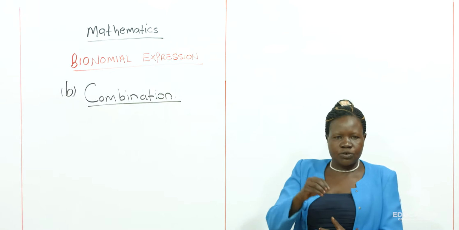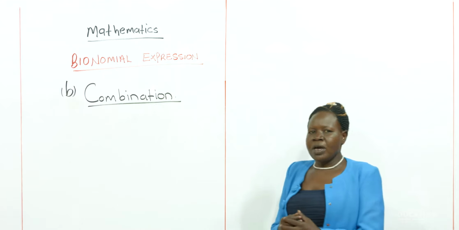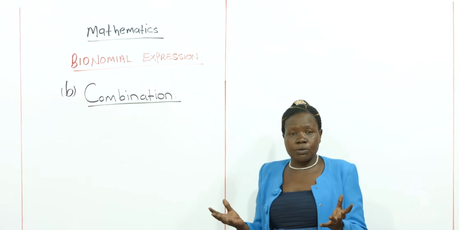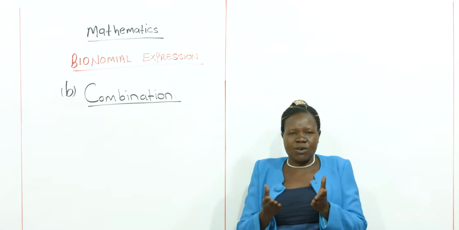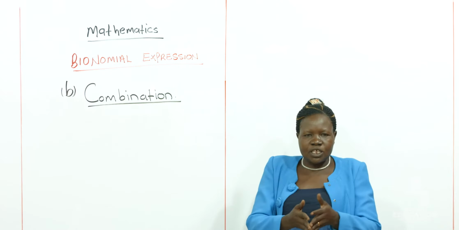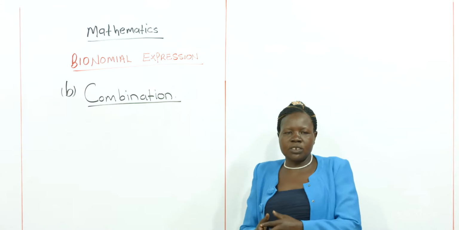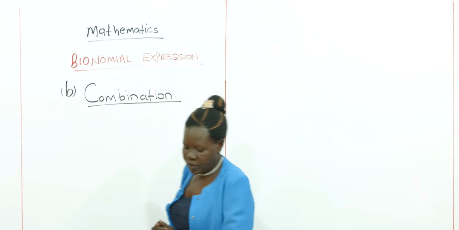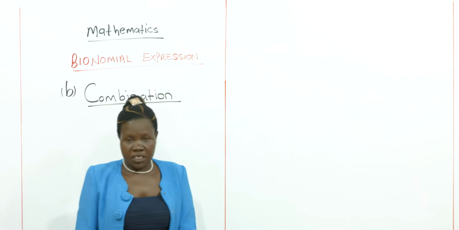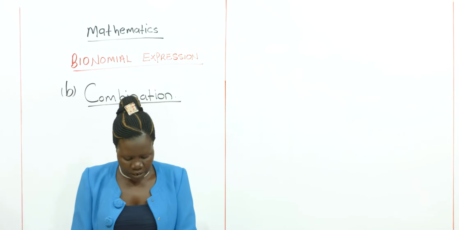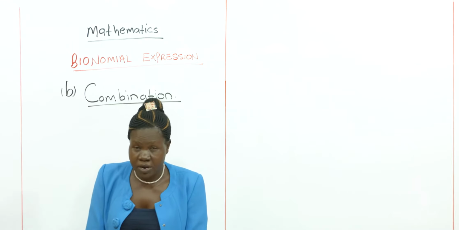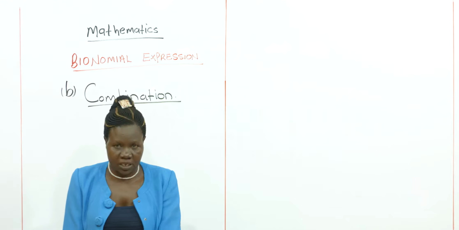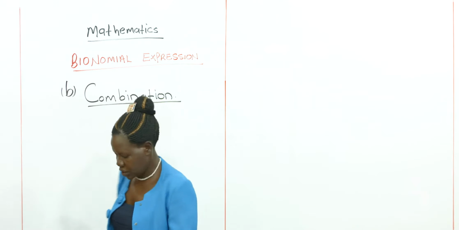I always pick those very people, so it does not show the order of who was the best speaker or who was the least speaker. So with the combination, you just pick, select without taking order into consideration. But with permutation, the order must be considered.